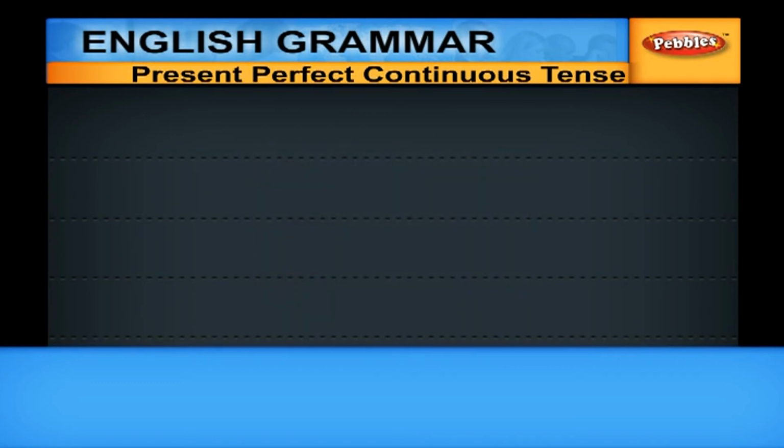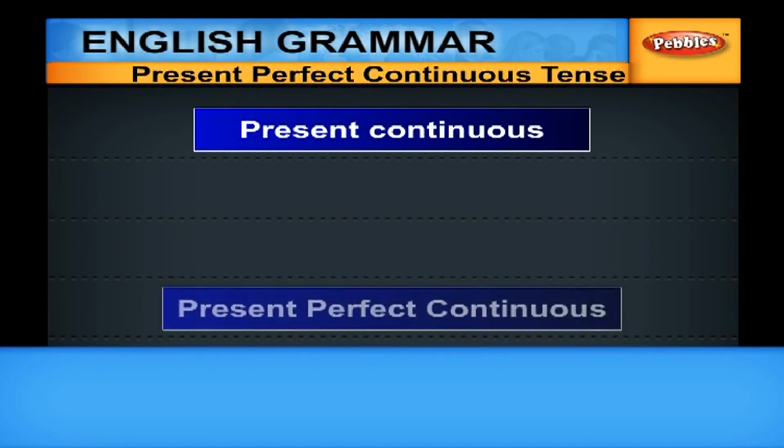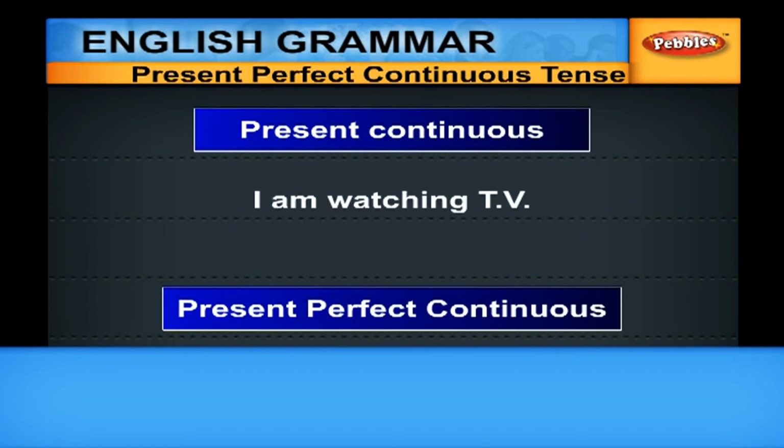What is the difference between present continuous and present perfect continuous? When I say, I am watching TV, I'm talking only about my watching TV at that point of time. It is in present continuous.